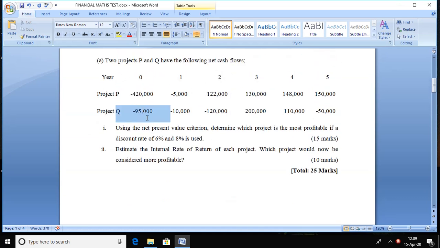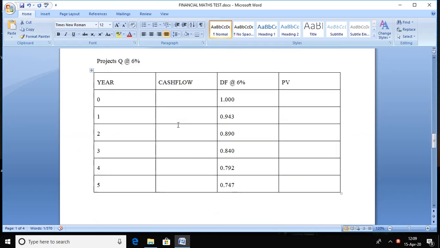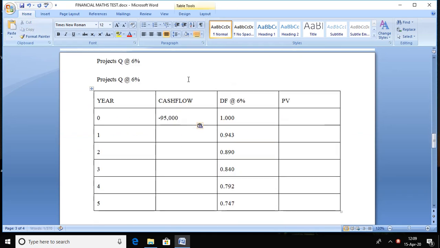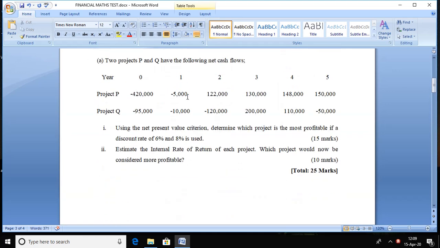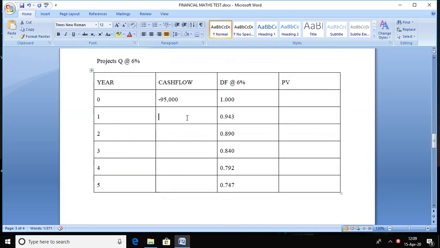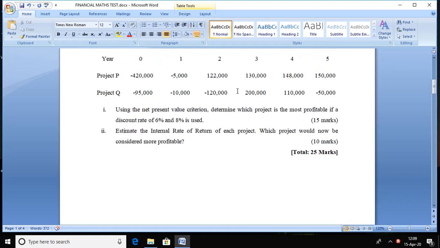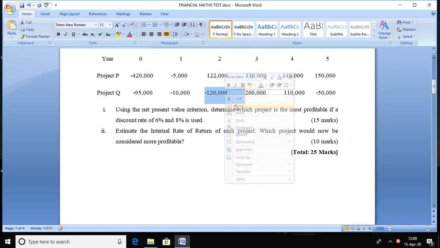The cash flows, the first one is a negative 95,000. The next here is a negative 10,000. Bring it down there. The next is a negative 120. Copy down.